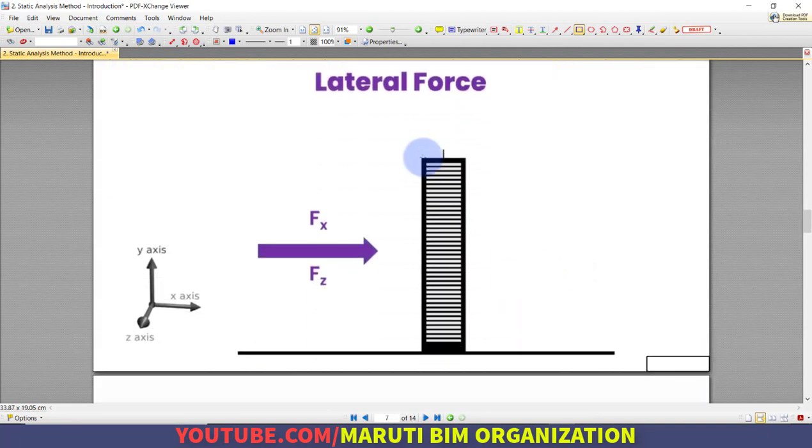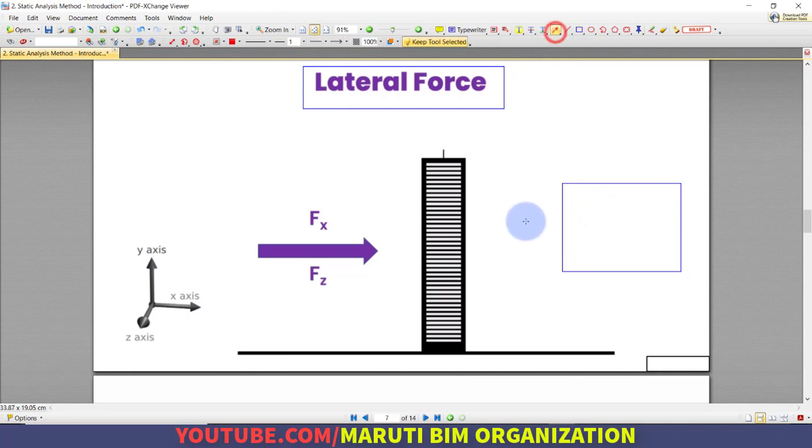Now, as you know, we are ready to find the lateral forces. Lateral forces, that is horizontal forces. So this one is the plan, and this is my x direction positive, x direction negative, z direction positive, z direction negative. So the sum of all these forces will be the total forces, that is Fx and Fz.